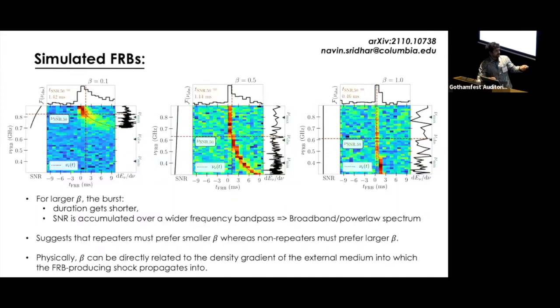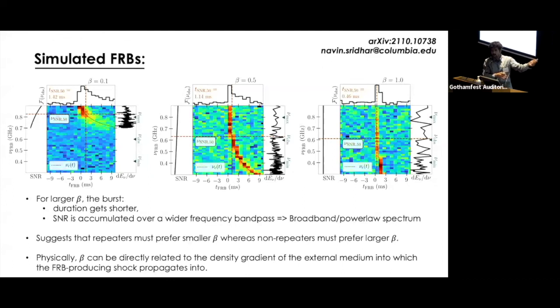Physically, up until now, this toy model is agnostic of the engine that is powering the FRB. There are two major models of FRB production. One can be a shock ramming onto the upstream medium, where synchrotron maser instability can happen and produce FRBs. The other popular model is FRBs produced by charged bunches traveling along the magnetospheres of magnetars.